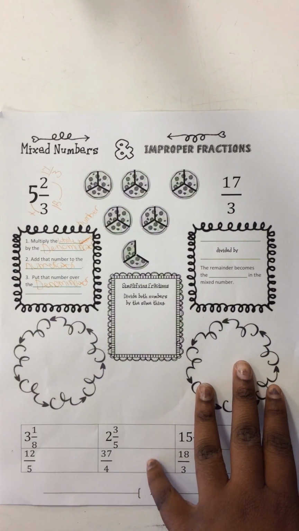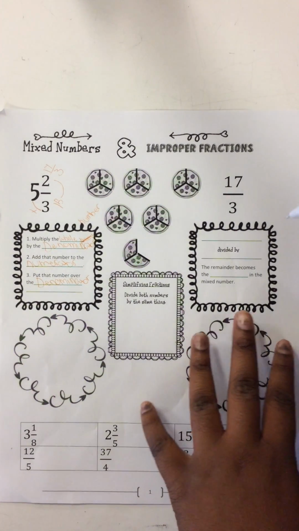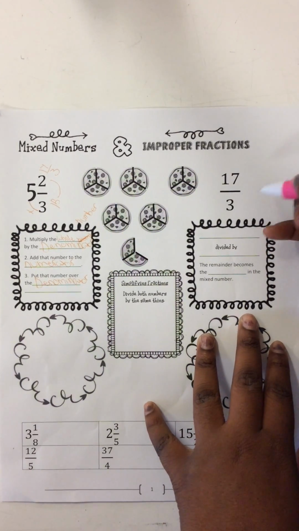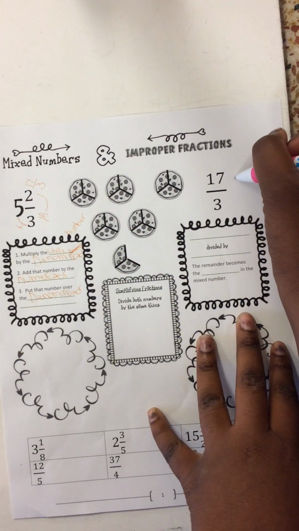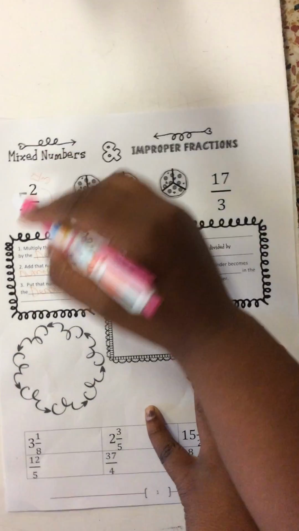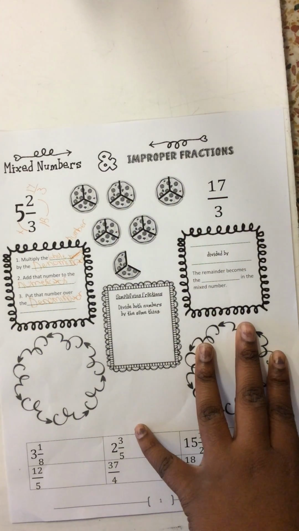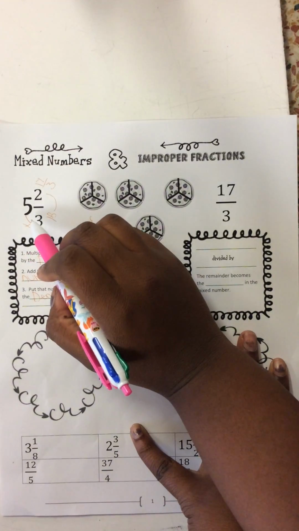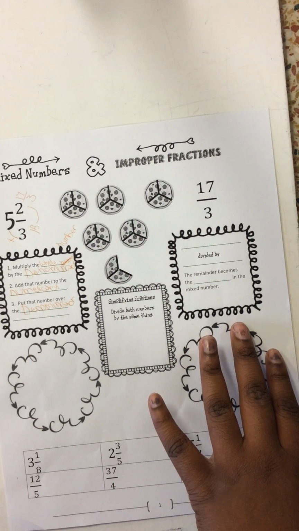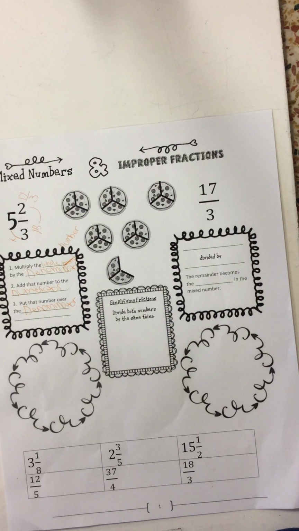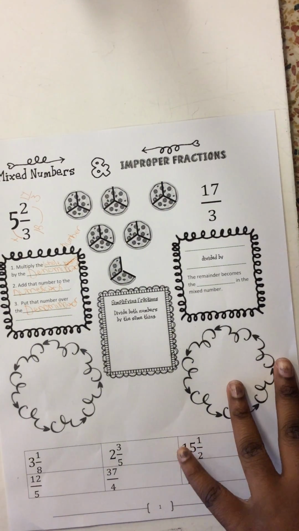Okay, so now if we wanted to change this improper fraction back into this mixed number, then we would have to divide.